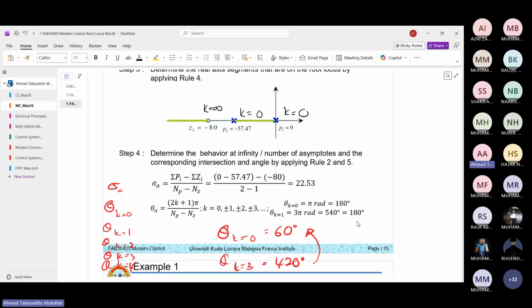Can you get those that we have here, 180 degrees and 180 degrees? You can use radians if you like, but if I were you, I would just keep it in degrees. Up to you, guys.